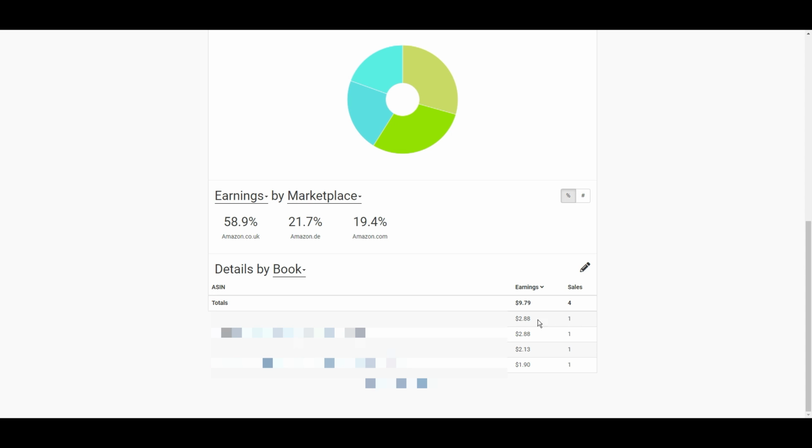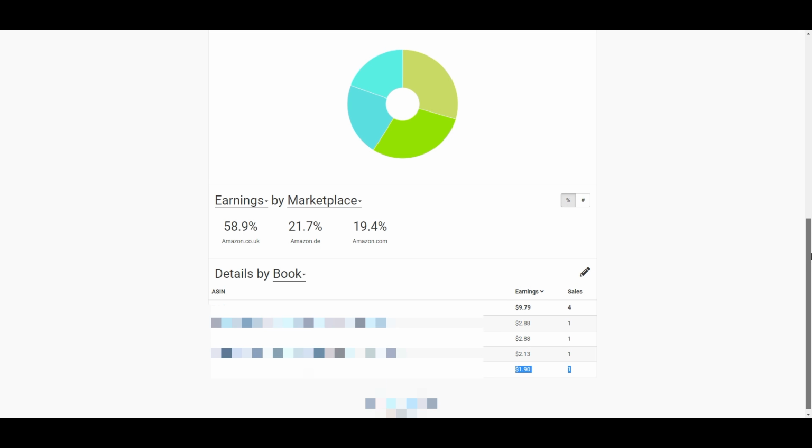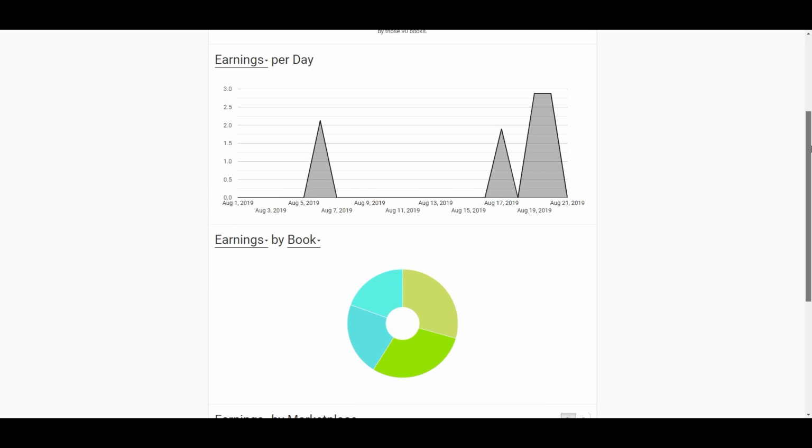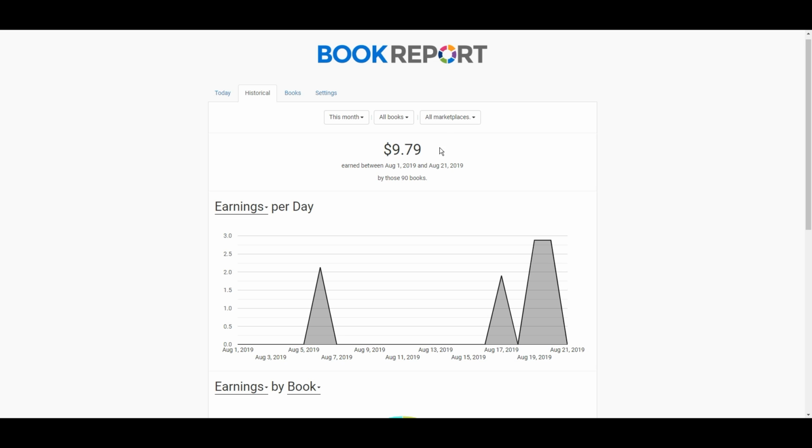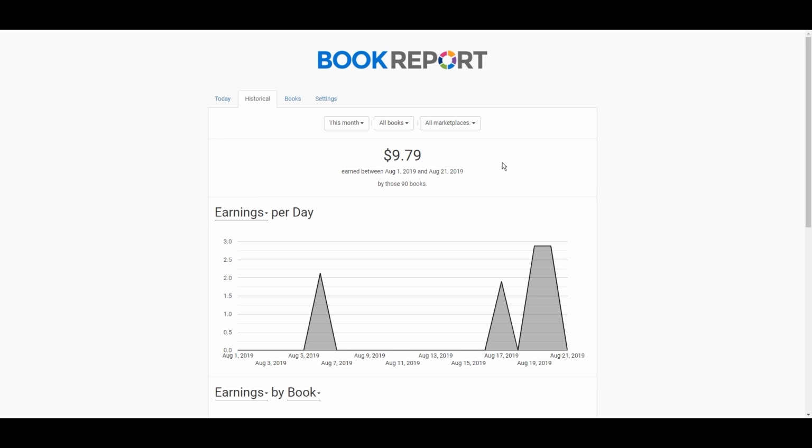Those 1 and 2 were from Amazon.co.uk, and this was from Amazon.com. I don't know who these people are. Obviously, you don't get any details from Amazon. Amazon just says that your book was bought, and that's it. So this is like $9, almost $10. That's nothing, right?